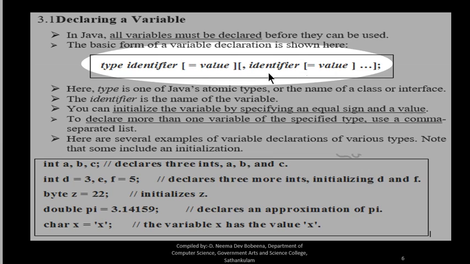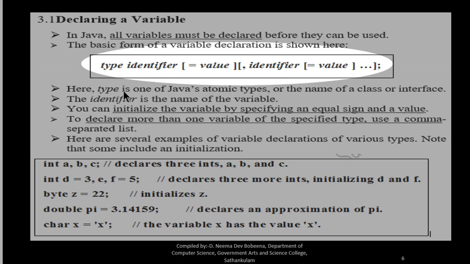A simple declaration will be like this: type identifier semicolon. The equal to value part is optional and is used to initialize the first identifier. If you have another identifier, you can include it by putting a comma followed by the identifier equal to value. Again, this portion is optional.